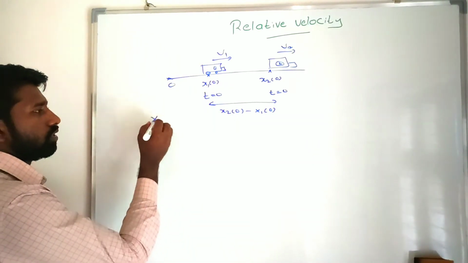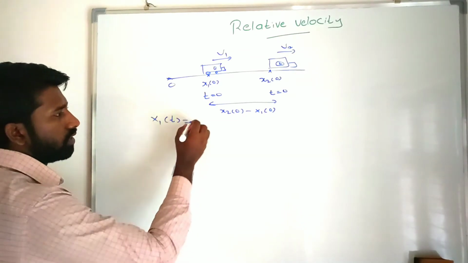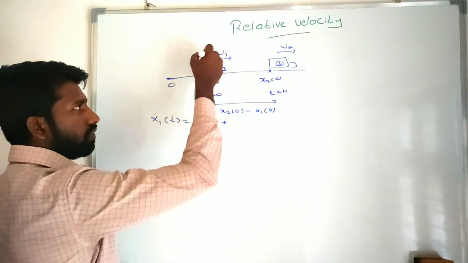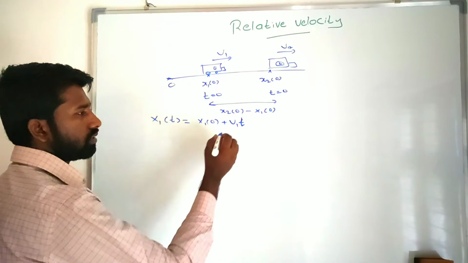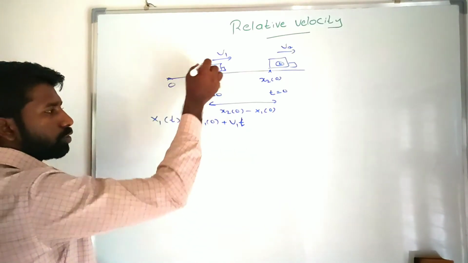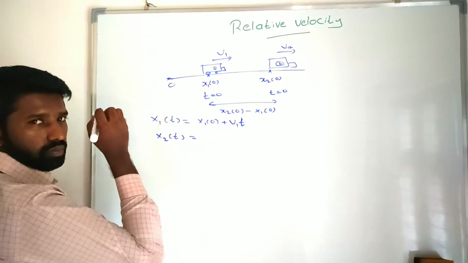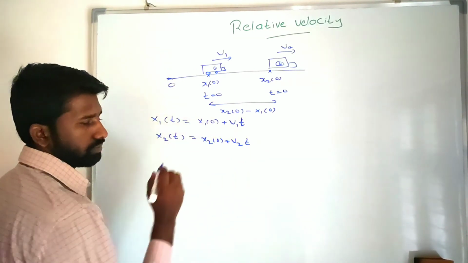What is the position of the first body after t time? That is x1 of t equal to x1 of 0 plus v1 into t, since the velocity is constant. The position of the second body after t time is x2 of 0 plus v2 t.